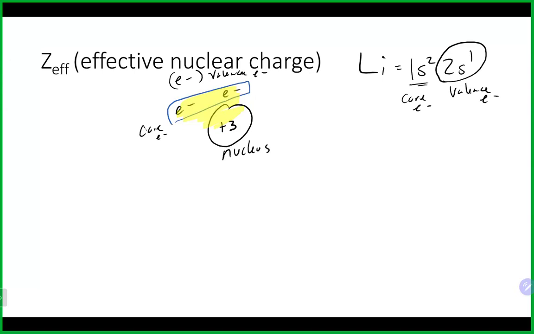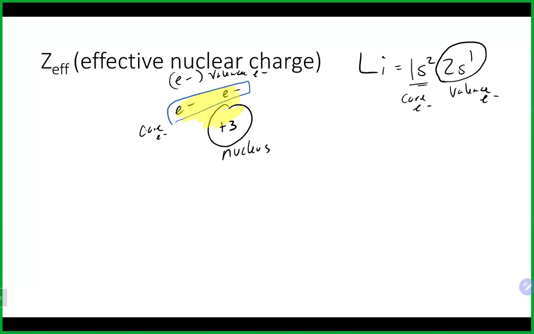So the larger the positive and negative charge, the stronger those things are going to be held together. So those core electrons are really going to feel a lot of that positive 3 charge, and they're going to be held really tightly. That is one of the reasons why core electrons are not involved in bonding, because they're held so tightly, they are not going to find themselves leaving the atom. They're going to be held onto by the atom.